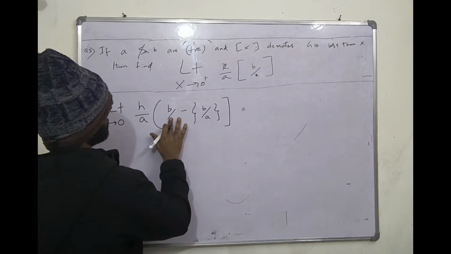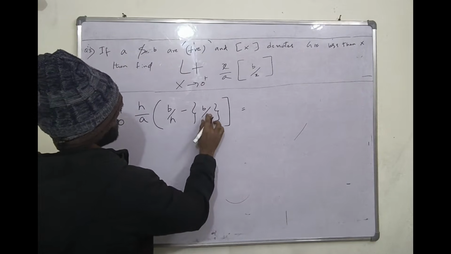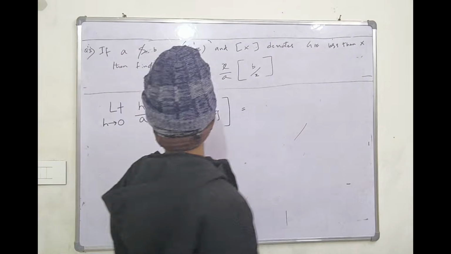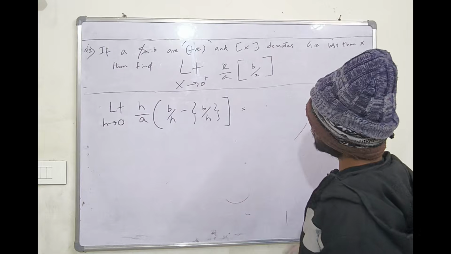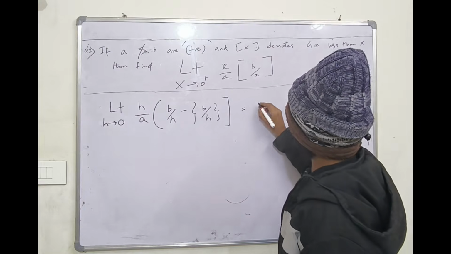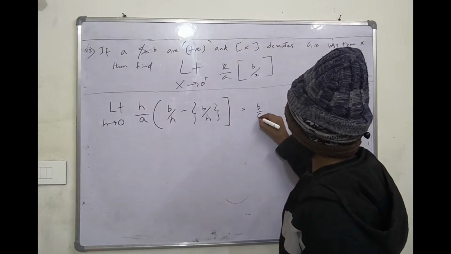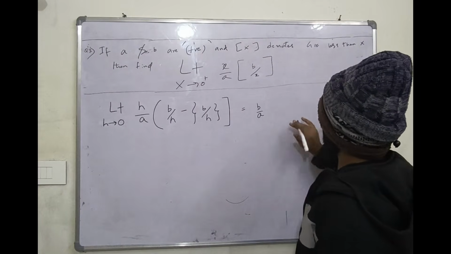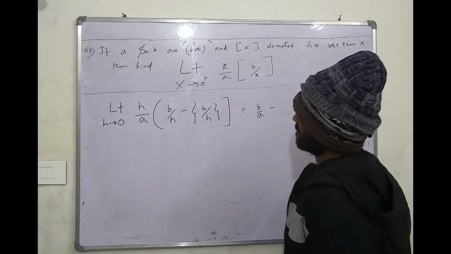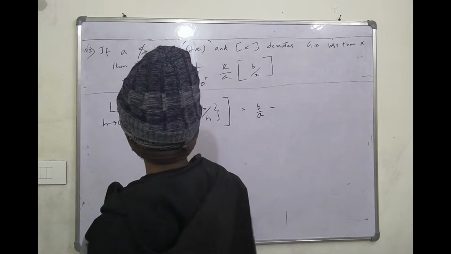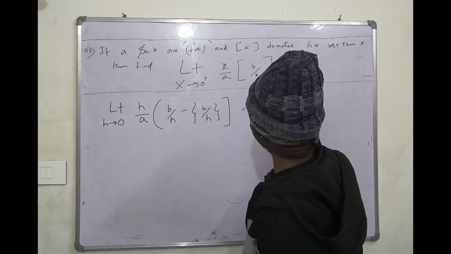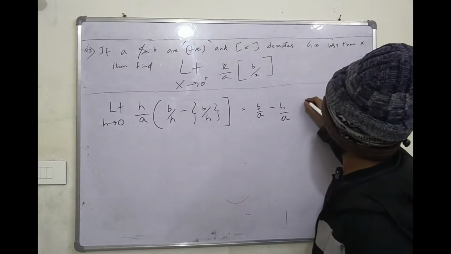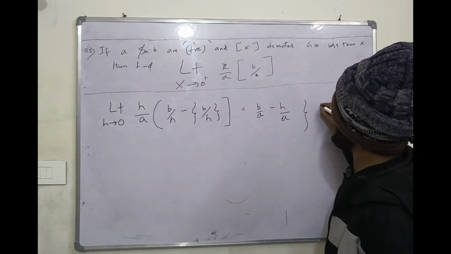E by h, okay. So here we can cancel out h, so this value is b by a, and minus h by a, okay, b by h.